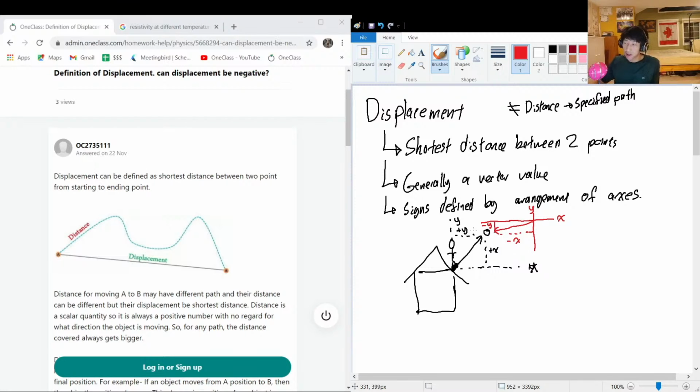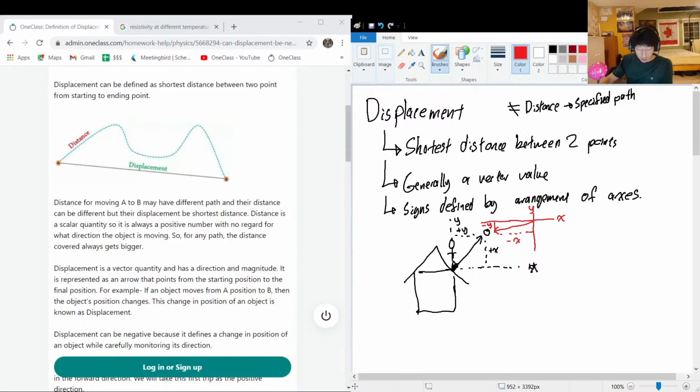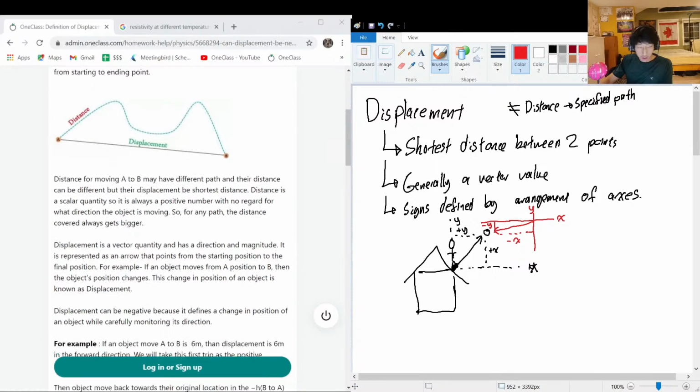As long as we know what the axes are and how they are defined, the signs are not that useful. They just help us arrange ourselves in the sense of our coordinate system.